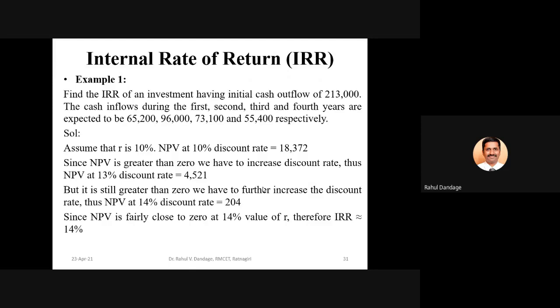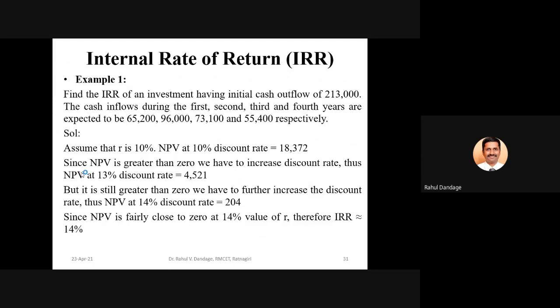You can also check the calculation: the net present value at a 10% discount rate comes to 18,372. Now what we observe is that this value is greater than 0. As this is greater than 0, we should increase the value of our discount rate.